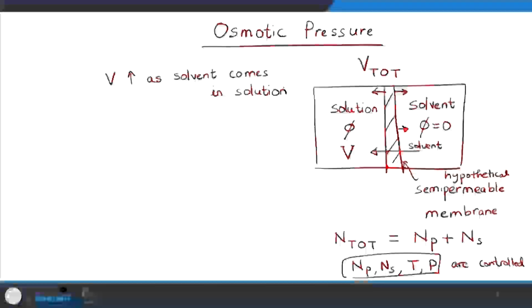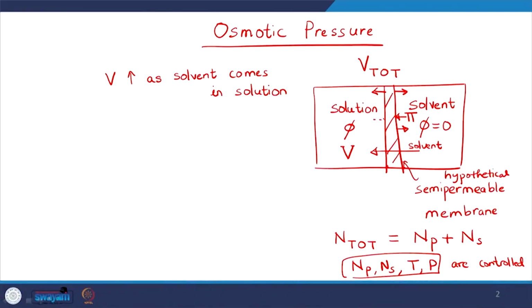Now, if I want to stop that from happening, I have to apply some pressure, let me give it a name pi, to keep the membrane at a fixed location, right. If I want to keep the volume fixed for the solution, we have to apply an external pressure on the solvent side, so that it compensates the tendency of the solvent to move, because as the solvent was moving, the membrane was coming to the right.